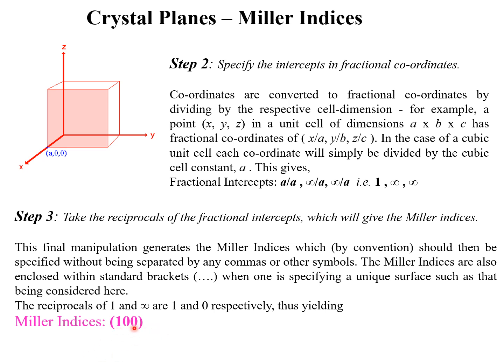There should not be any comma or space in between. That is what is given over here. The Miller indices are also enclosed within standard brackets when one is specifying a unique surface such as that being considered here. The reciprocals of 1 and infinity are 1 and 0 respectively. Therefore, the Miller indices for the above plane will be 1, 0, 0.